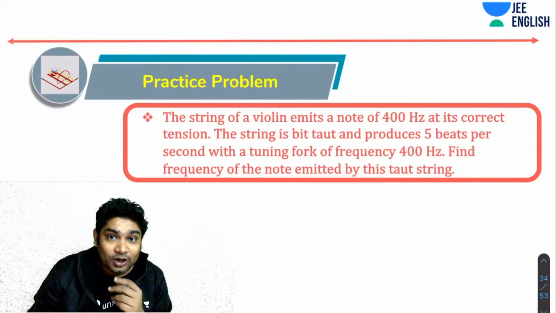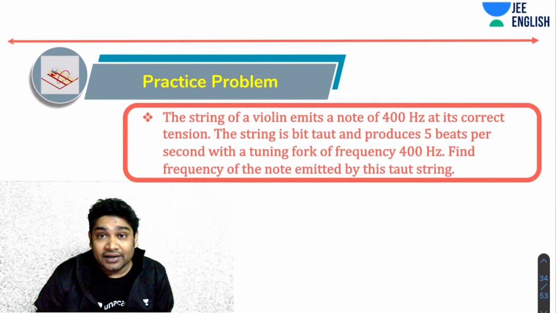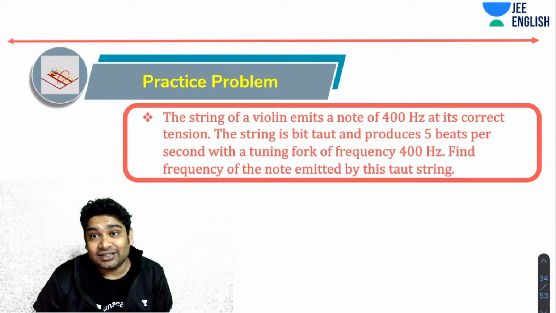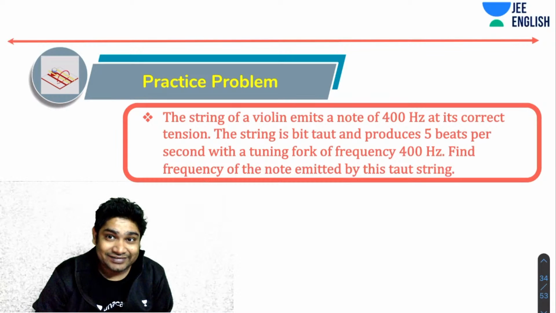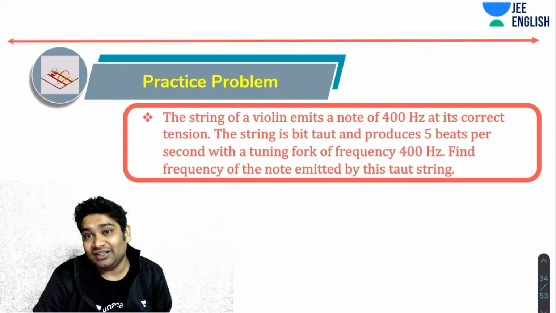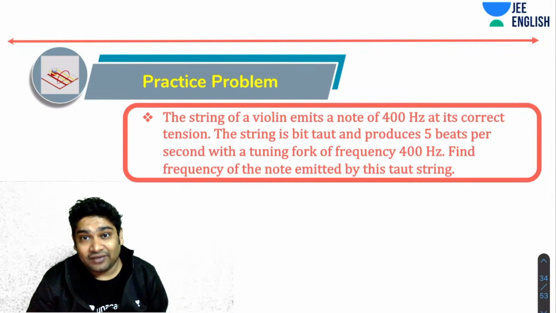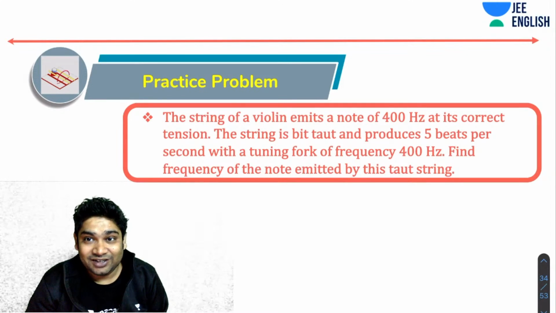Now let's move on to the last problem and then we can wrap up today's session. Here you've been told the string on a violin emits a note of 400 hertz at its correct tension. The string is a bit taut, and produces 5 beats per second with the tuning frequency of 400 hertz. Find the frequency of the note emitted by the taut string.